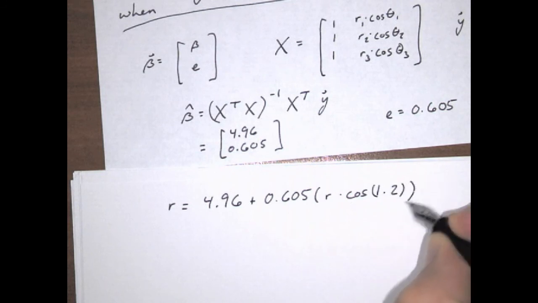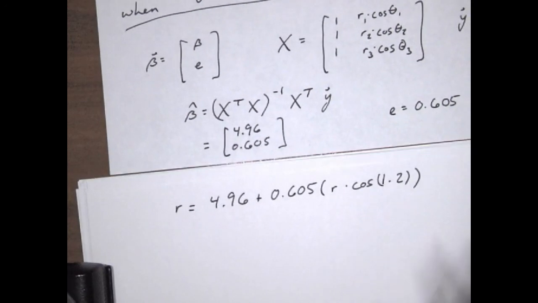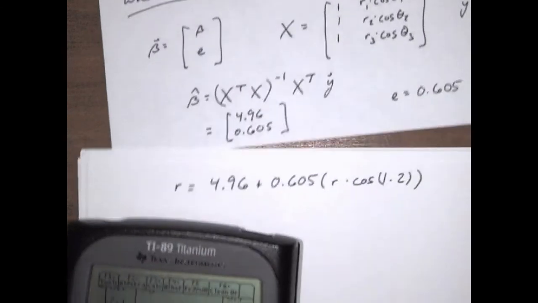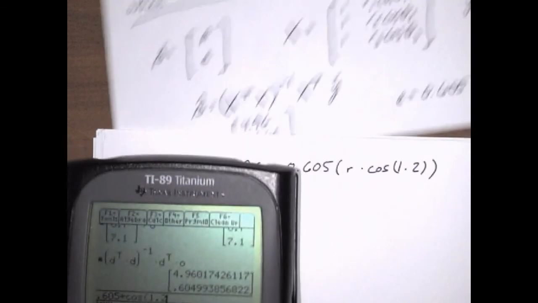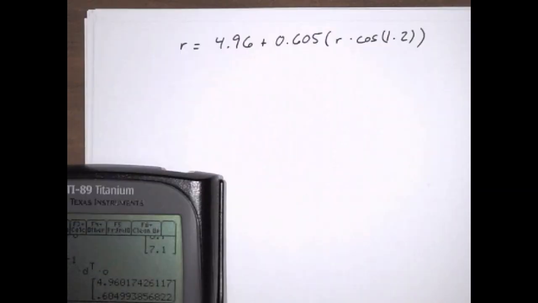So the one little catch here is that R is actually on both sides of this equation, but that's not as tragic as it might seem. If we evaluate this and multiply those things together, we'll get 0.605 times cosine of 1.2. And this is really just technically a linear equation.